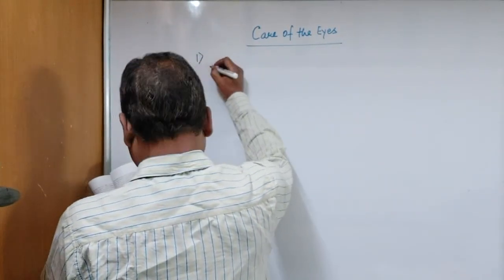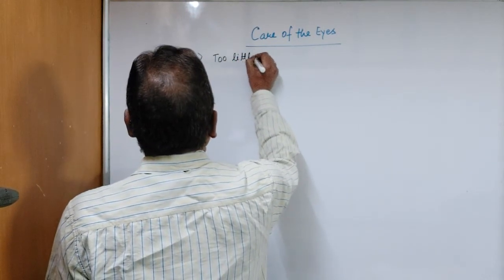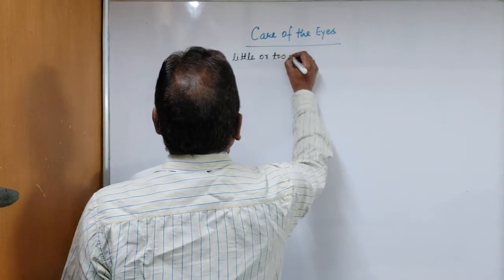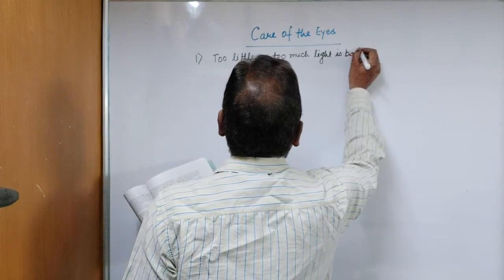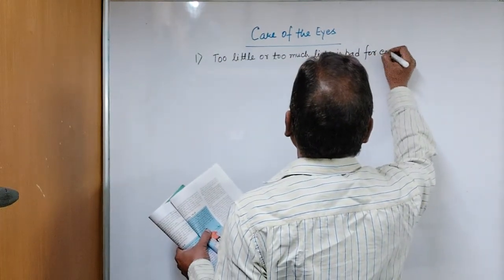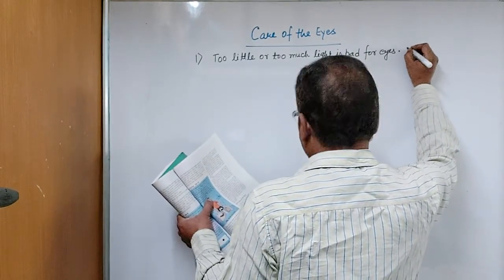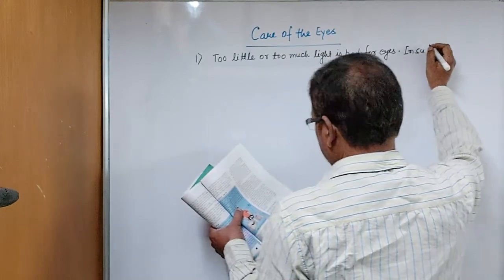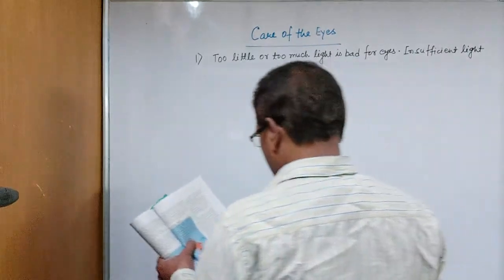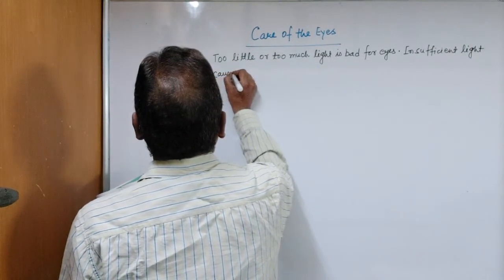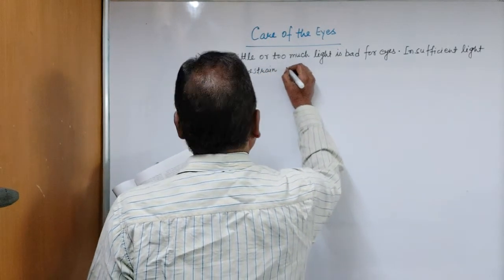So the first point, that too little or too much light is bad for eyes, and also mention insufficient light causes eye strain and headache.